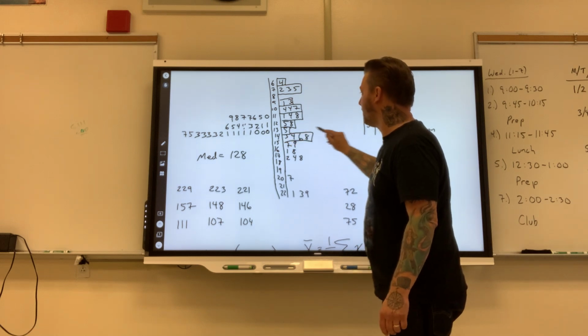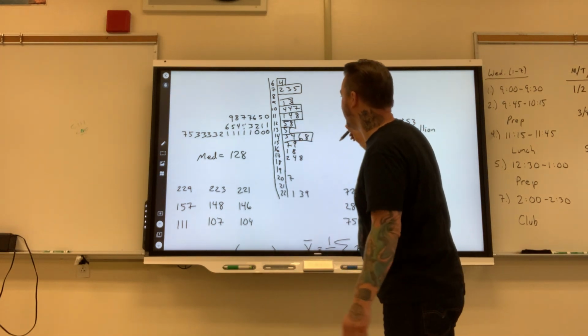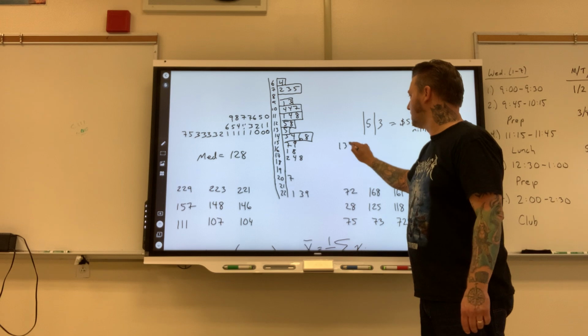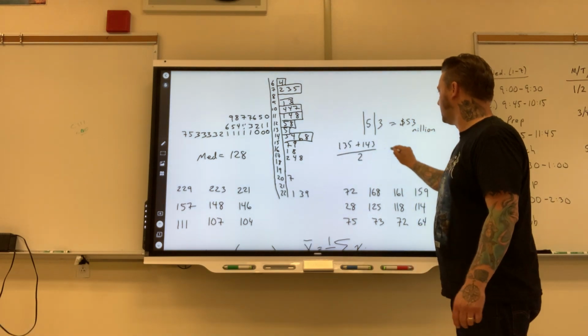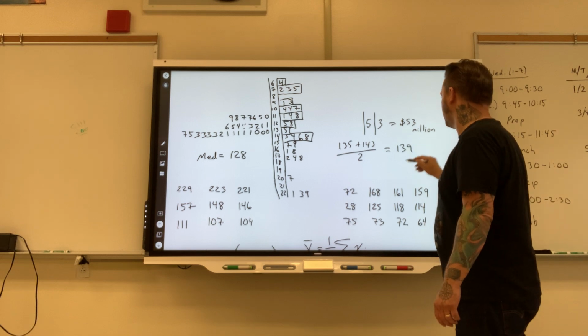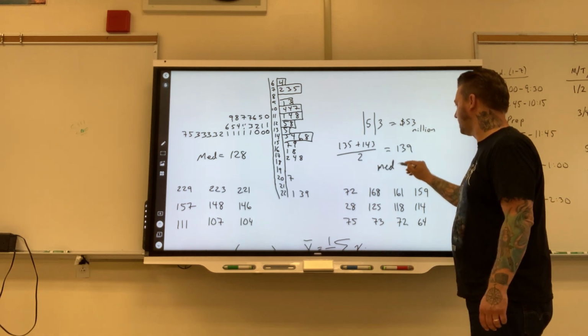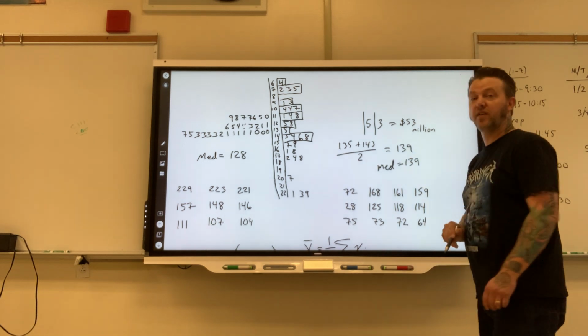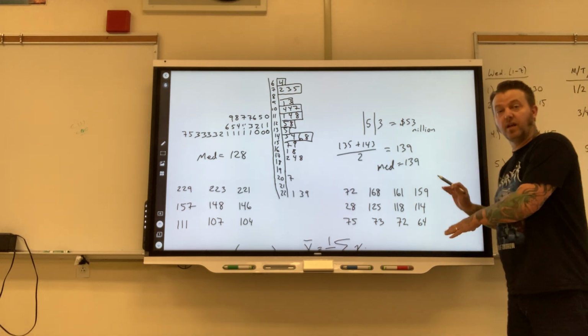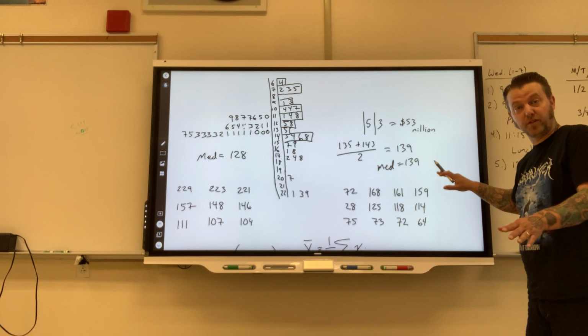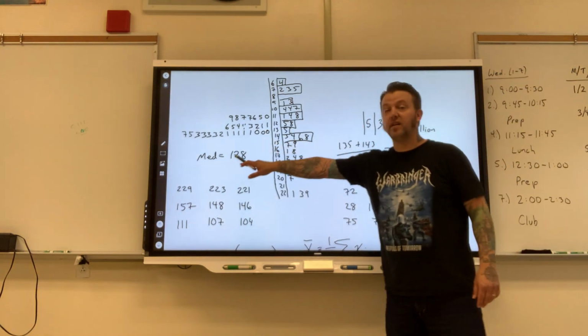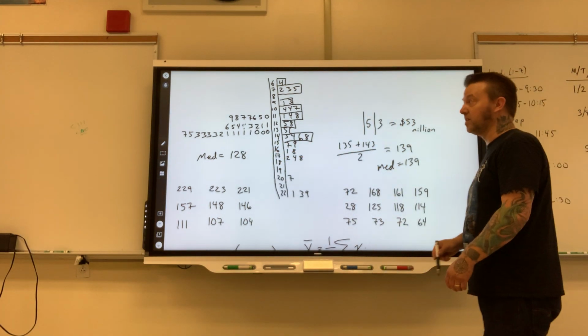It's going to be between 135 and 143, so the median is 139. So baseball, the center, at least if we're using the median, is higher than the center of basketball.